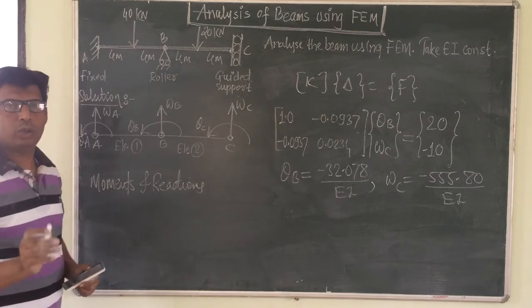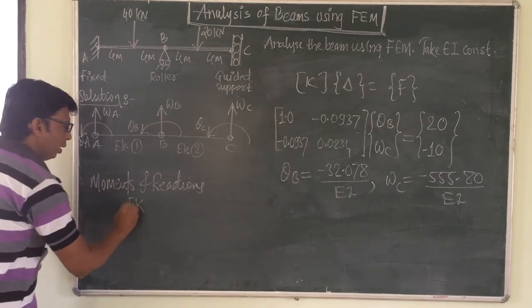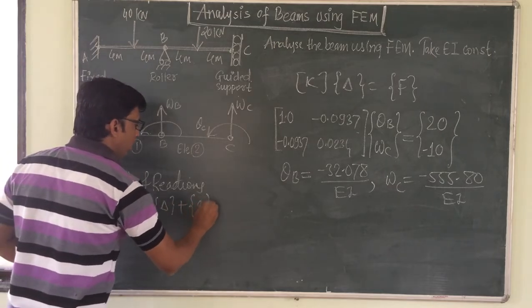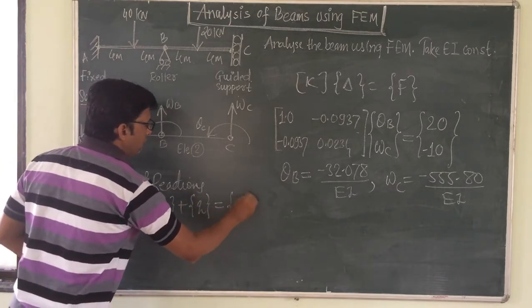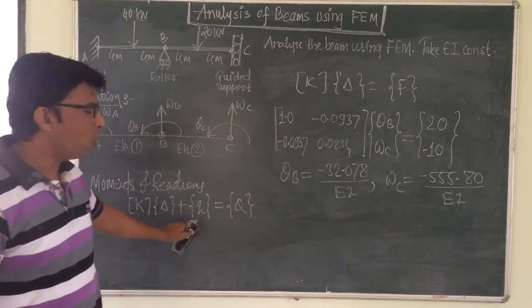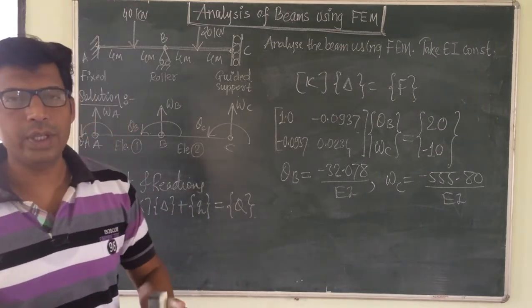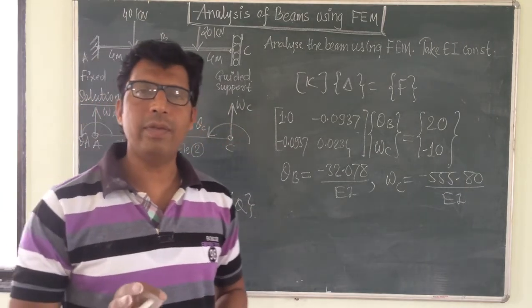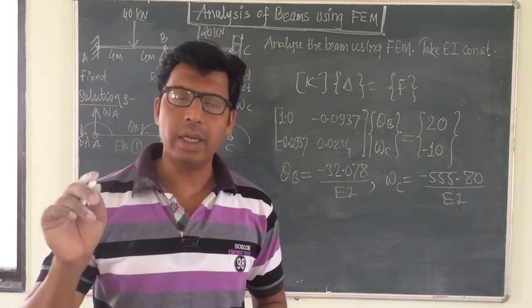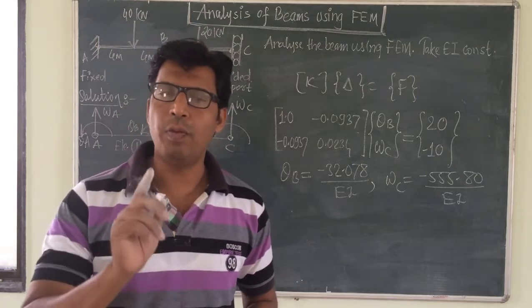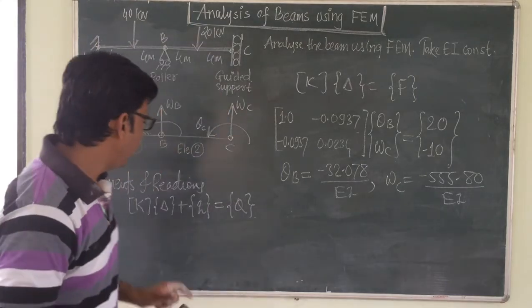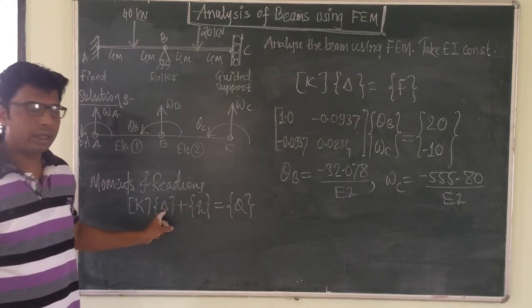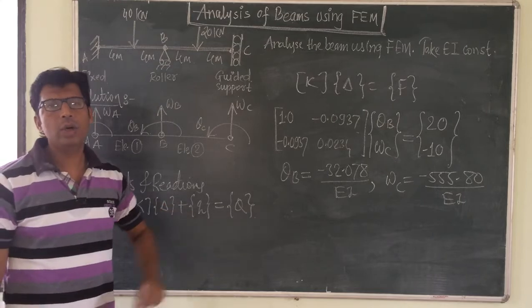The equation we have to use is K into delta plus small q is equal to capital Q. This equation is used to calculate the moments and reactions, but remember, you have to apply it to each element separately. For the first element, write down the stiffness matrix K1, delta 1, then small q1 is equal to capital Q.